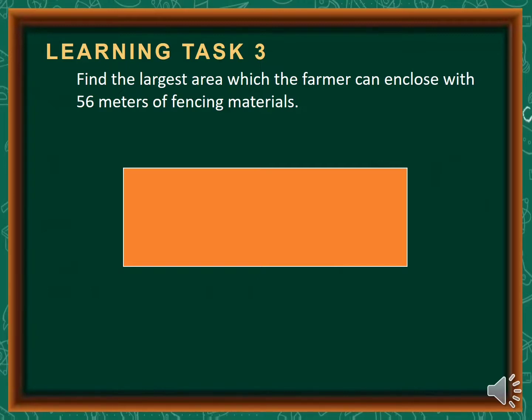Ibig sabihin, babakuran niya yung kanyang lot. Here are the dimensions. Pinakita dyan. 28 minus x yung ating given. 28 minus x ang ating length. And then, these are the width. Okay, so this involves quadratic functions, of course. Just apply what you have learned. Okay, so good luck.